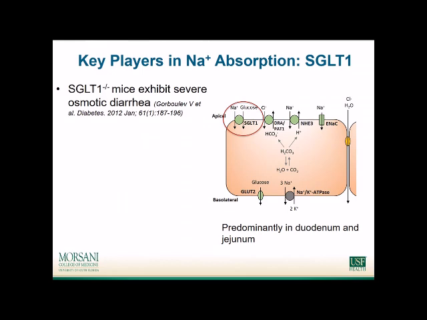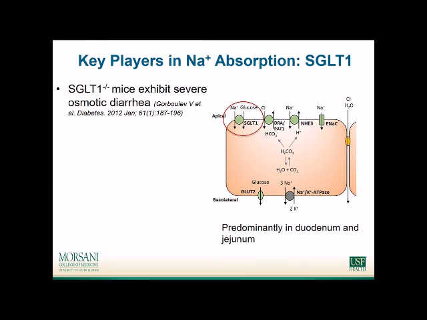Well, if it can't get in, then there's a lot more sodium and glucose left in the lumen, which has an osmotic capability to hold the water in the lumen, and so you end up with diarrhea. So there you're really fighting against the drive to absorb these electrolytes and water across those cells.